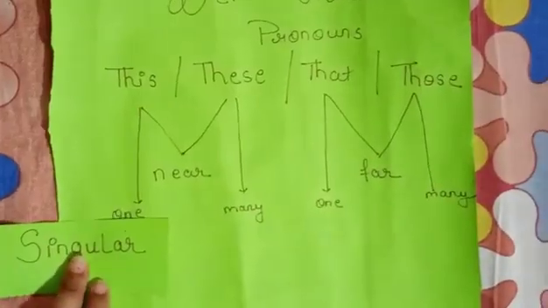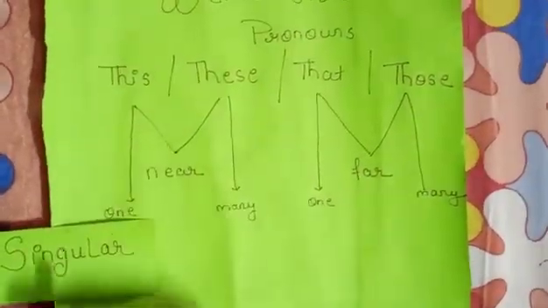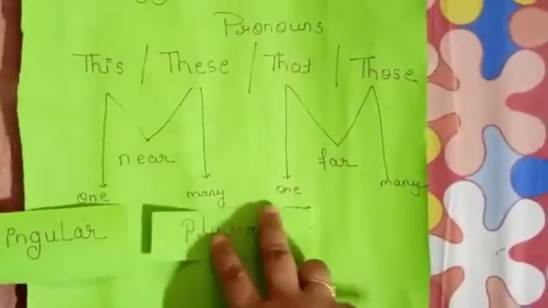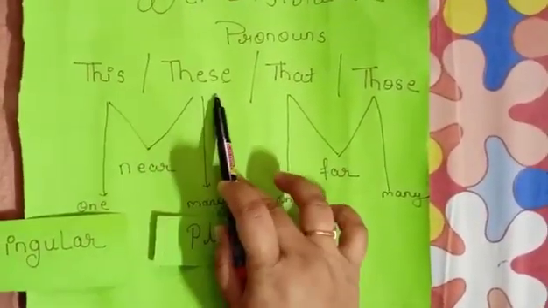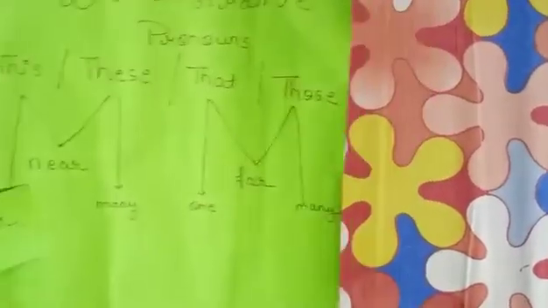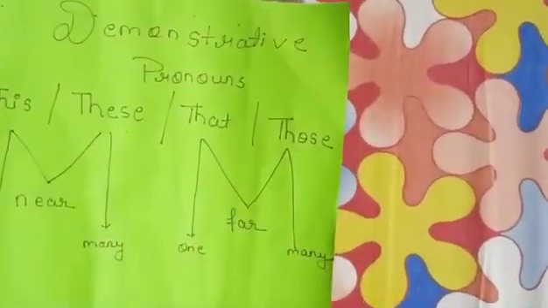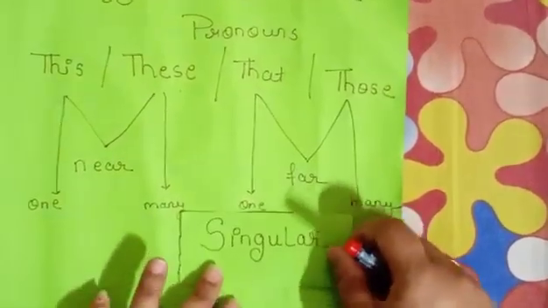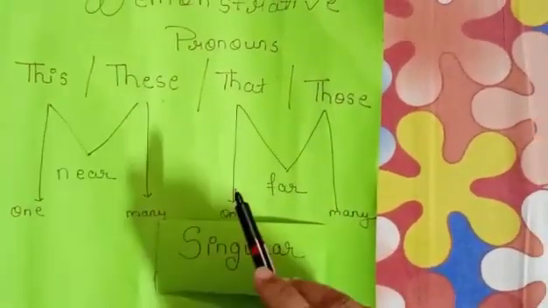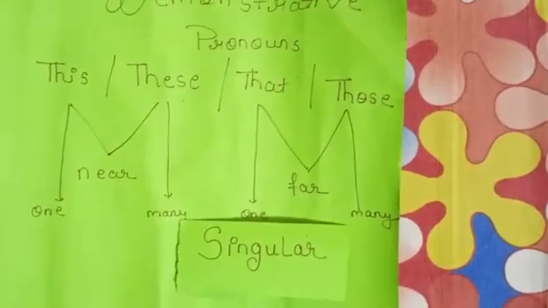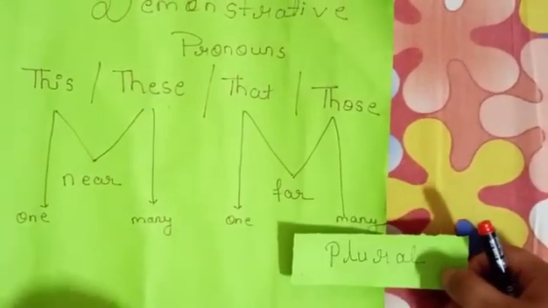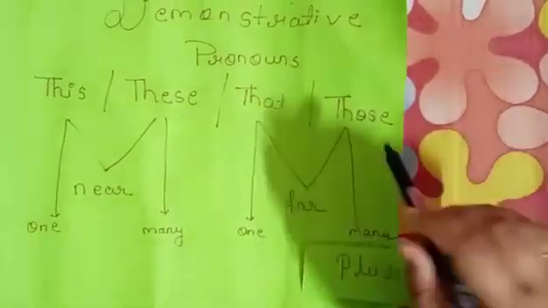When any object is near but that object is more than one or plural, at that time we use these. Similarly, when any object is far but it is one, or we can say singular, at that time we use that. And when any object is far but it is more than one, or it is plural, at that time we use those.